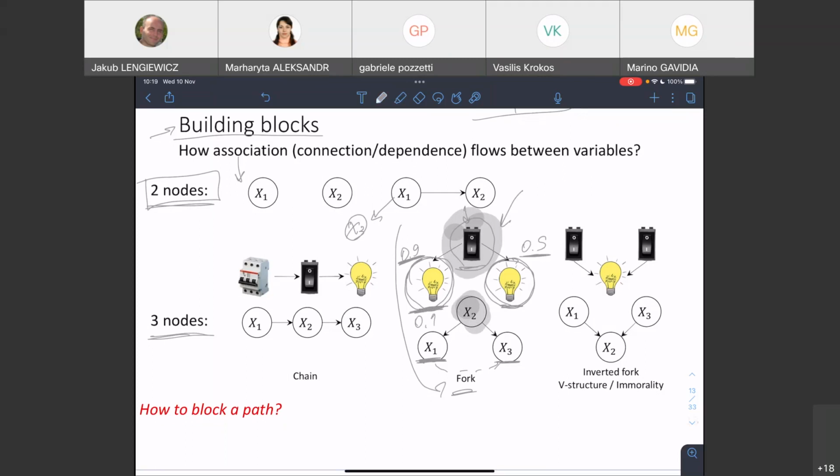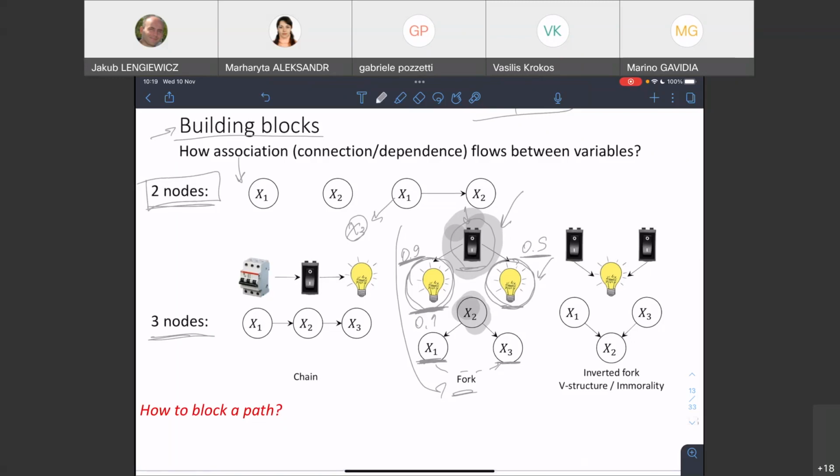Does it tell me anything about the state of this light bulb? Generally not, because I can assume that it is probably off due to the fact that the switch is off. However, the state of this light bulb doesn't tell me anything about the state of this one. So again, the conditioning operation breaks this associational flow between these two variables.